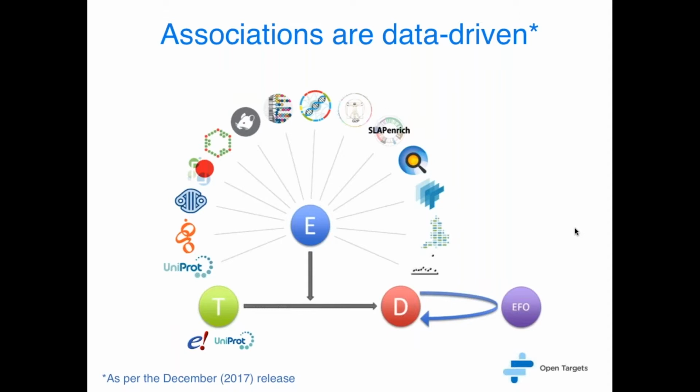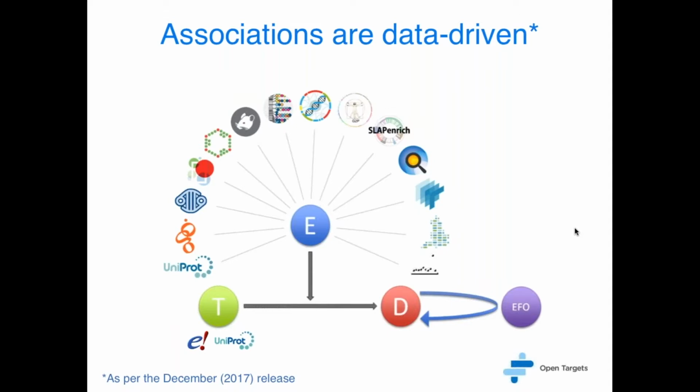And this is how it stands as per our last release, which is December 2017, and the numbers of data sources and data providers are very likely to increase in the coming releases. But this is how it stands at the moment.